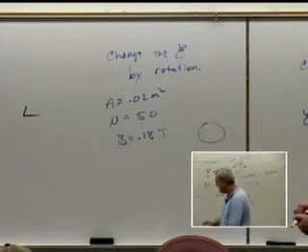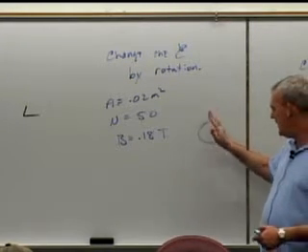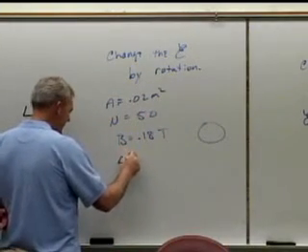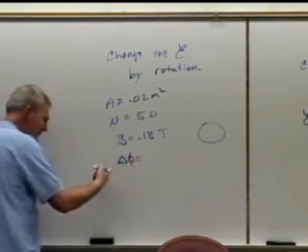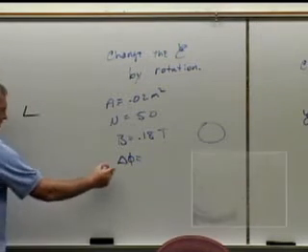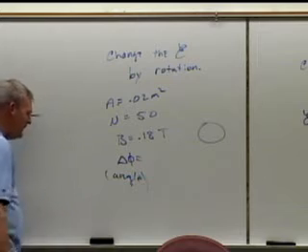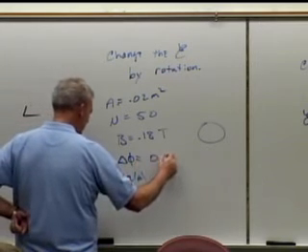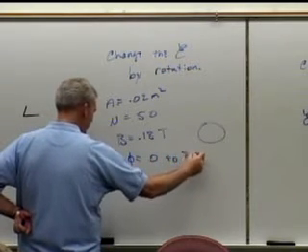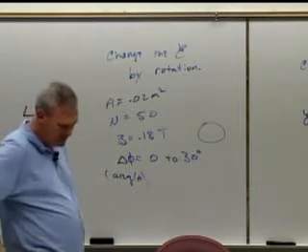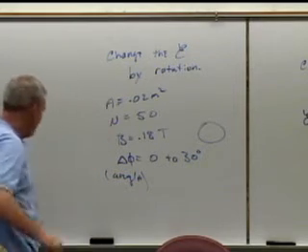Now when I rotate that coil through an angle of 30 degrees, my change in phi, not my change in flux, but my change in the angle, is going to be from 0 to 30 degrees. That's what's going to change over, I hope they give me a time, over 0.1 seconds also.